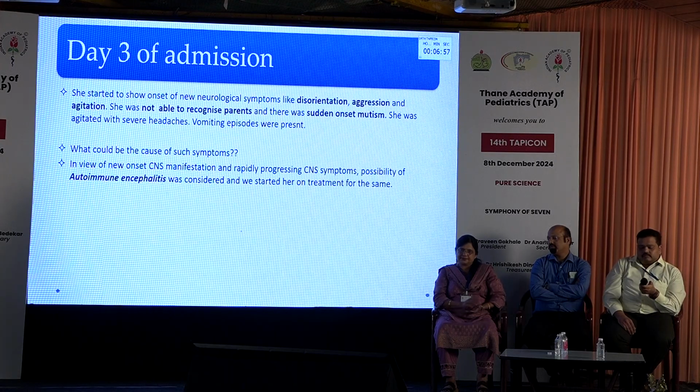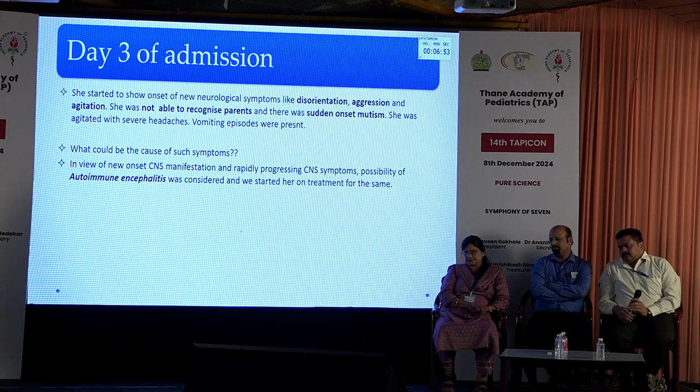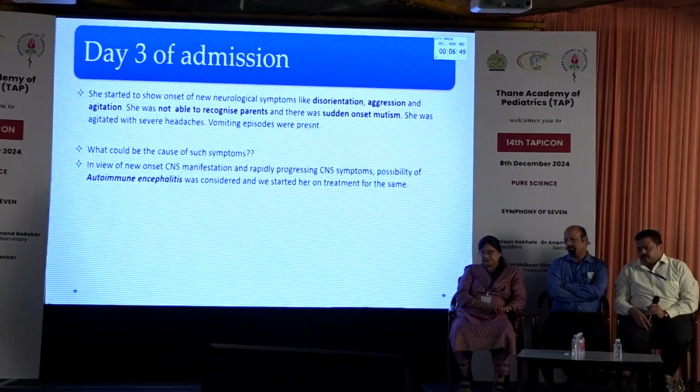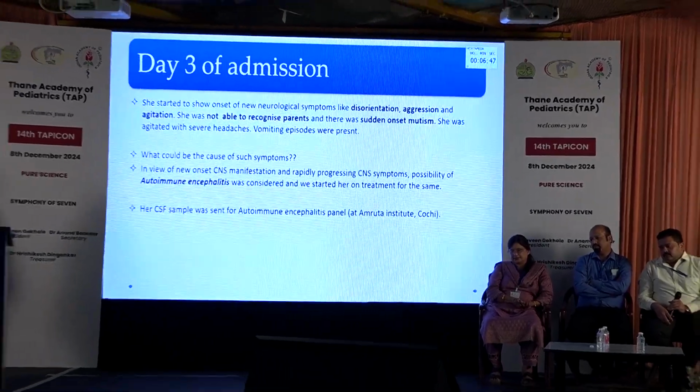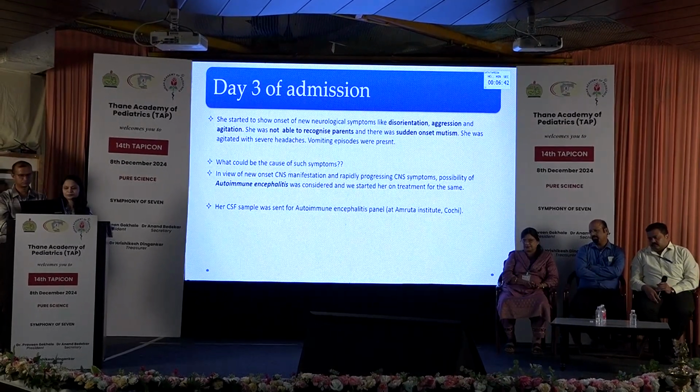So in view of new onset CNS manifestations and rapidly progressing CNS symptoms, possibility of autoimmune encephalitis was considered and we started her on the treatment for the same. Her CSF sample also we sent for autoimmune encephalitis panel to Kochi.